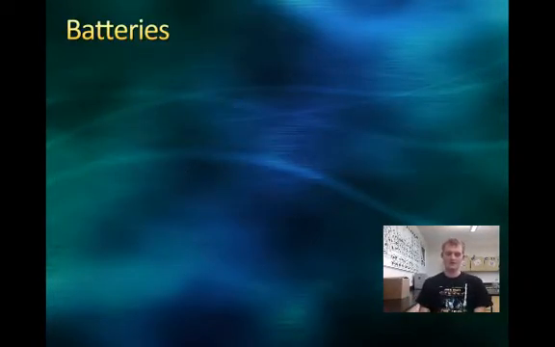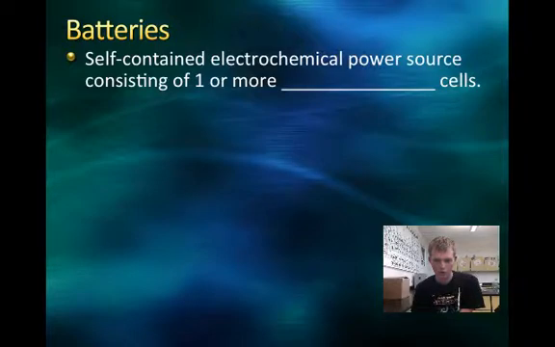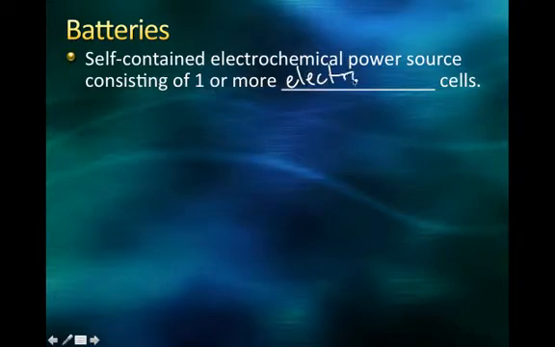Batteries are simply self-contained electrochemical power sources that have one or more galvanic cells. Normally, we have to use small voltages in electrochemical cells, so what we do is put more than one cell all in a row. If we are only getting like 0.2 volts, then we would want to add up to 1.5 volts.